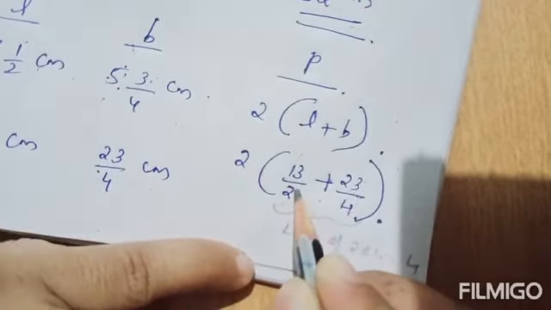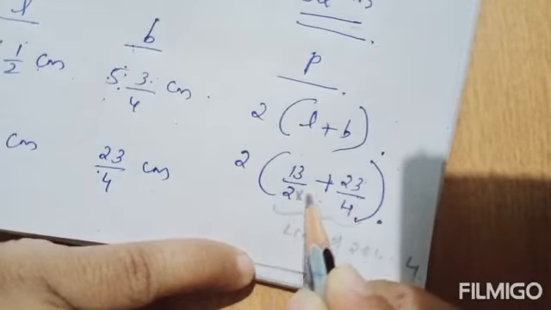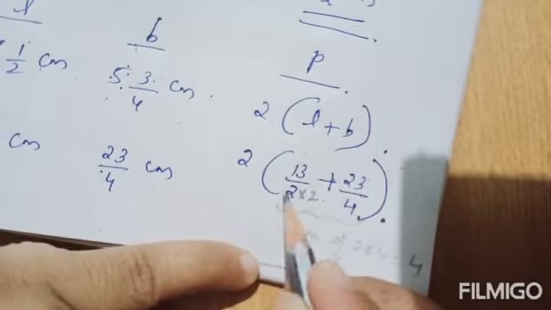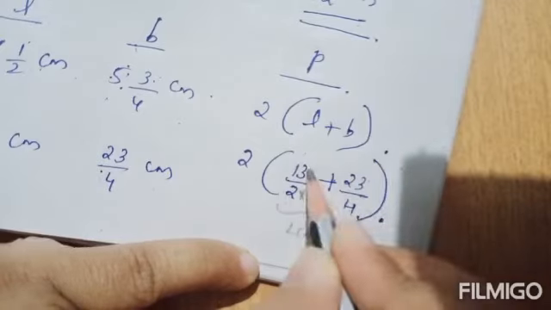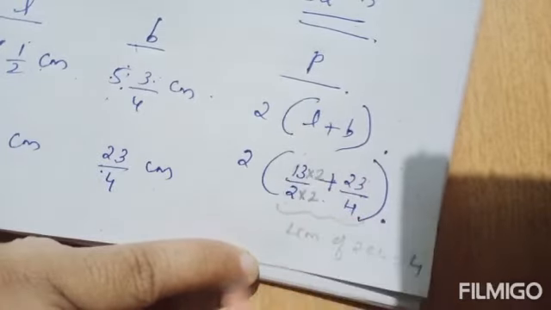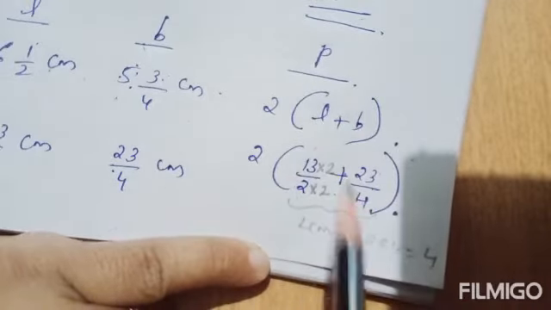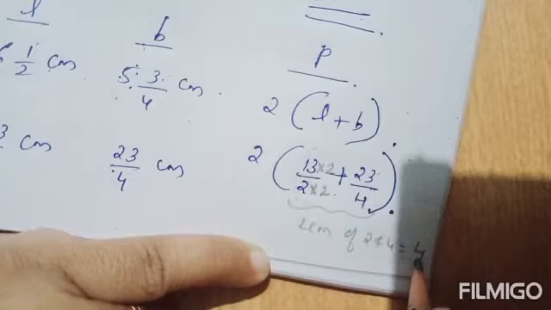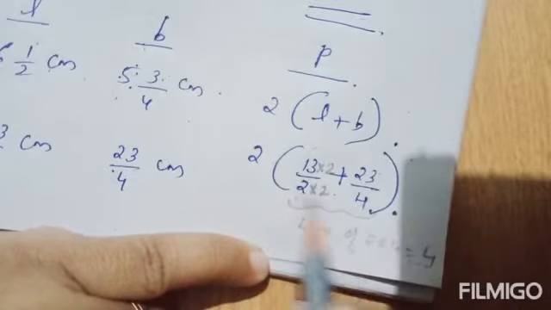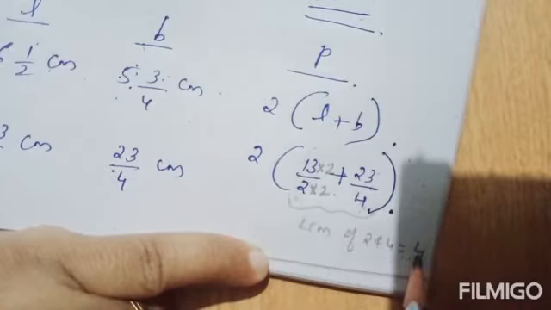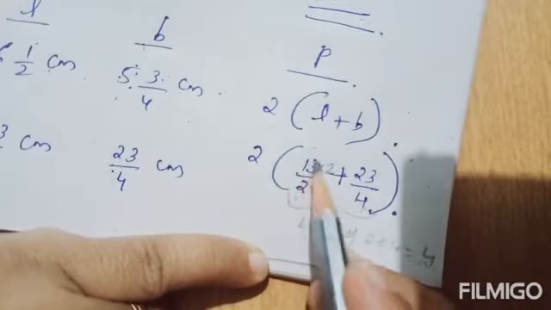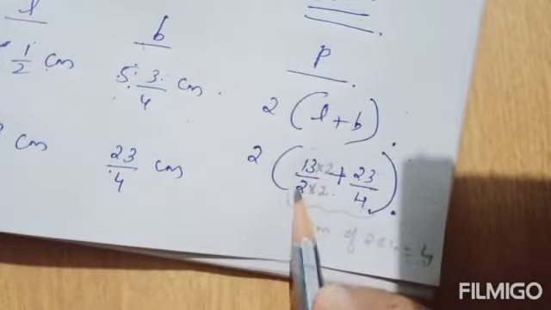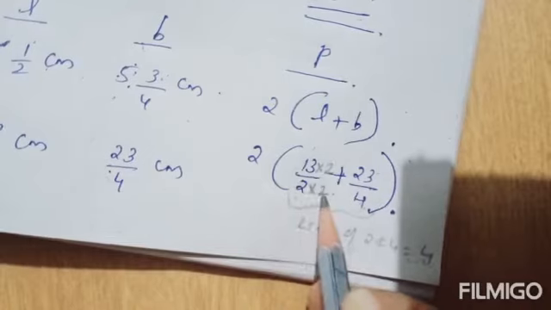Here the denominator is 2, so you multiply by 2: 2 into 2 you will get 4.